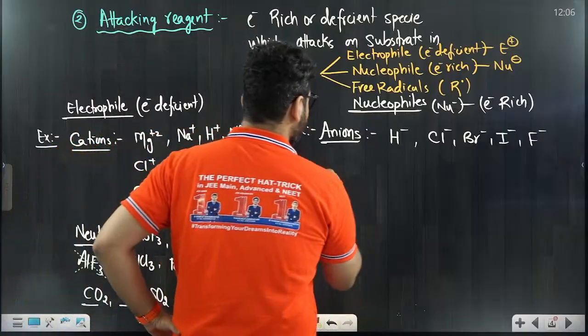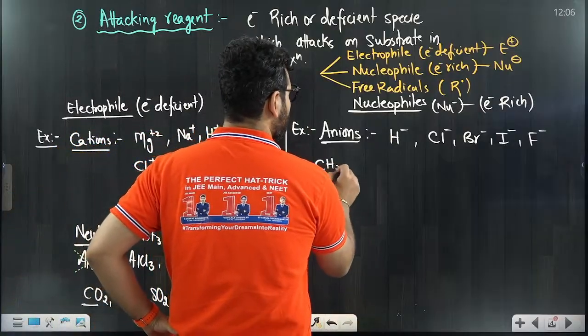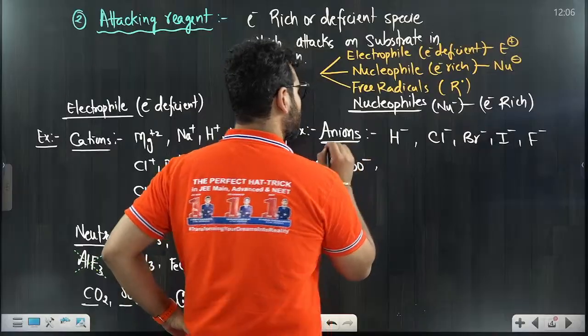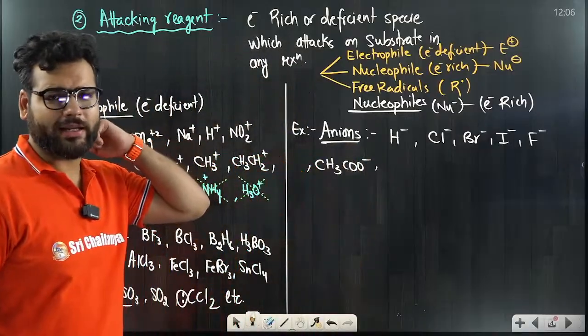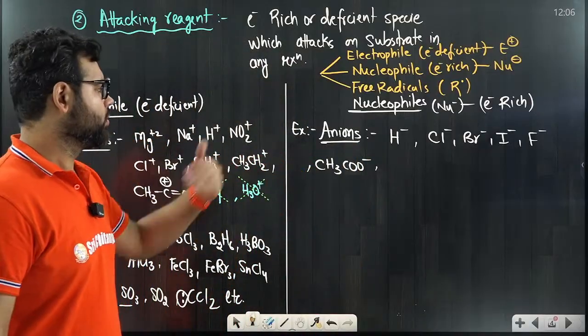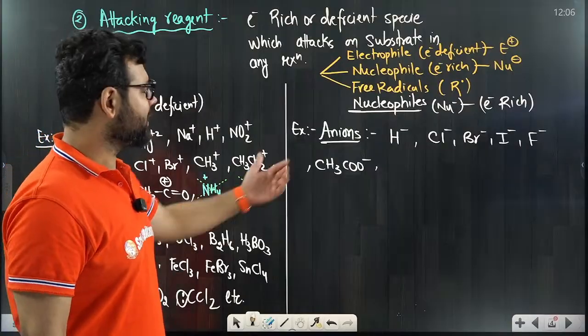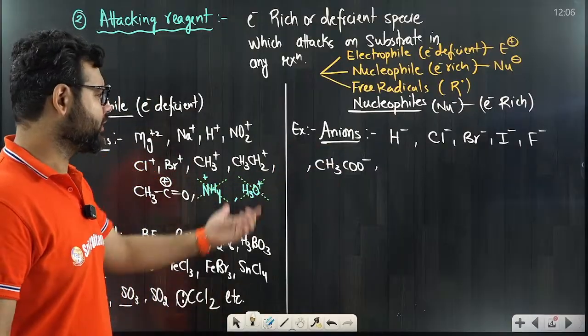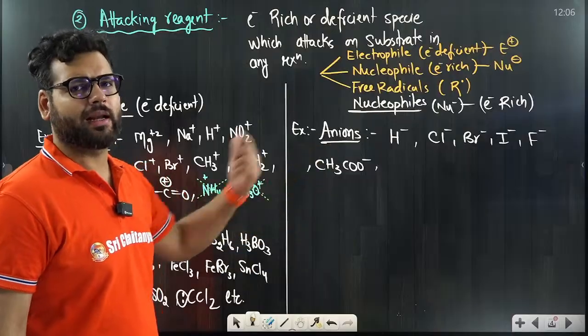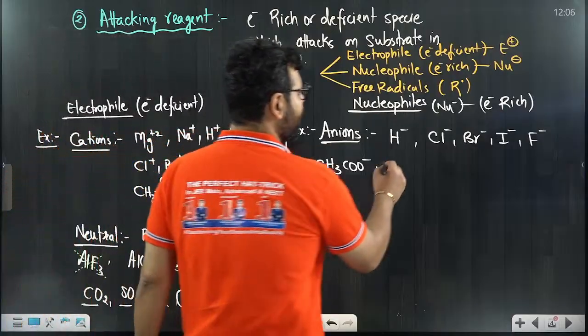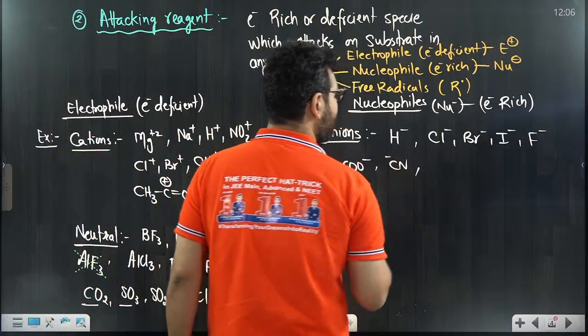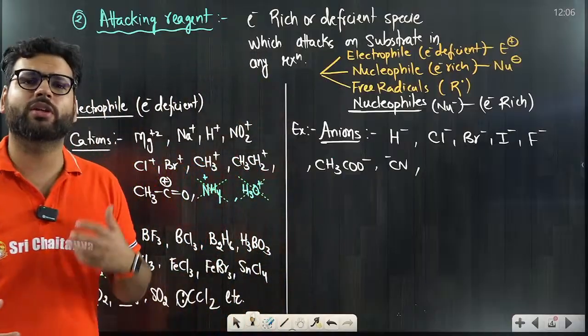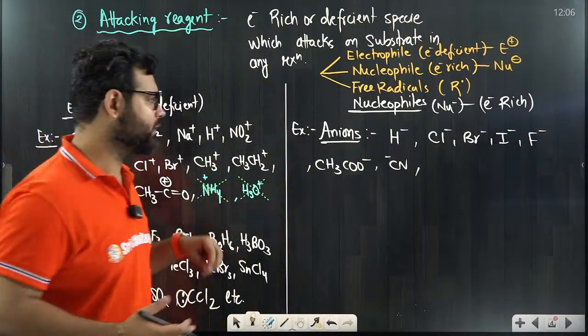Other anions you can take like CH3CO minus, you can do acylation reaction. There is one reaction in the alkyl halide chapter you will study: CN minus, whenever you want to replace Cl with CN, you use KCN, then CN minus.